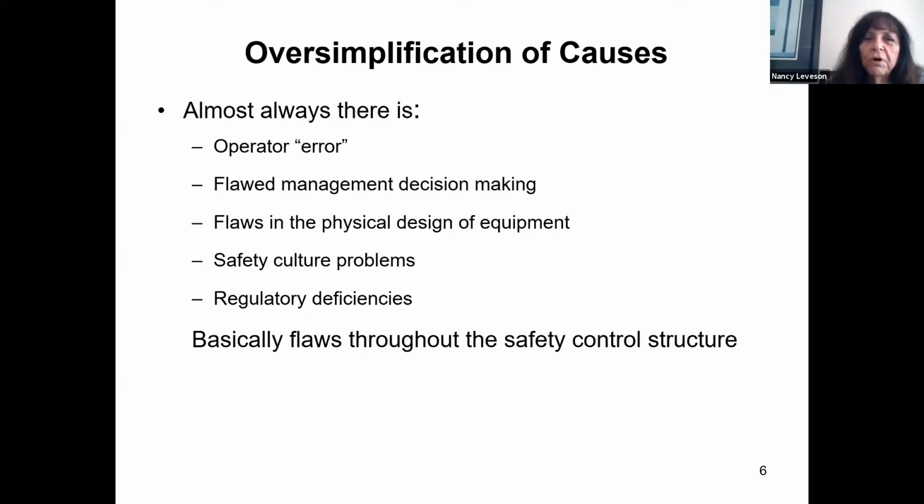They're there, but we usually only look at operator error and focus on that, or flaws in the physical design of the equipment, and we ignore all the other things, so we never fix them. But they're in every accident.